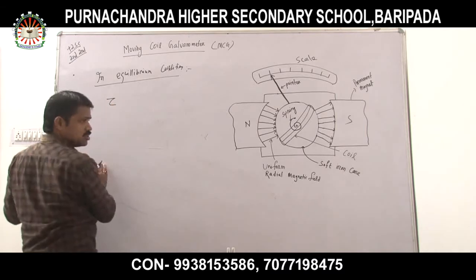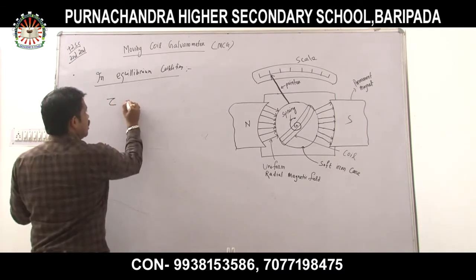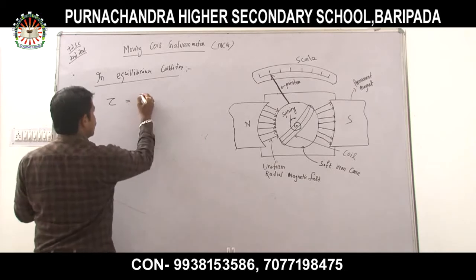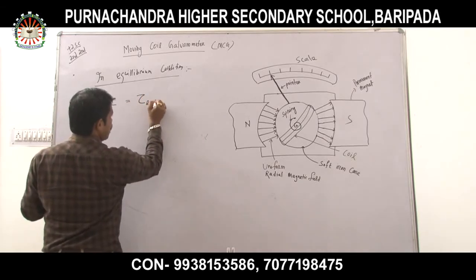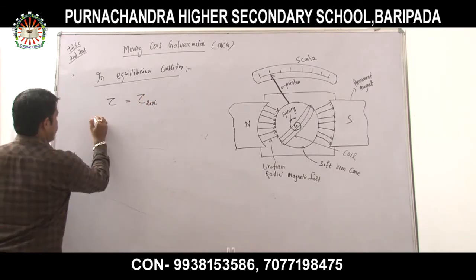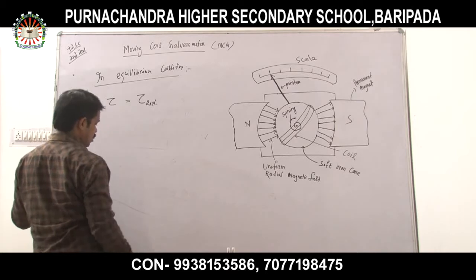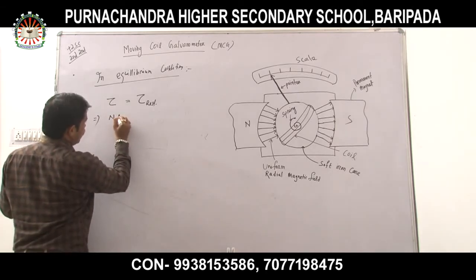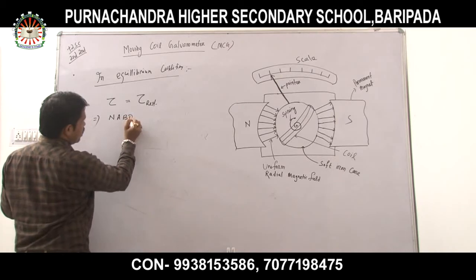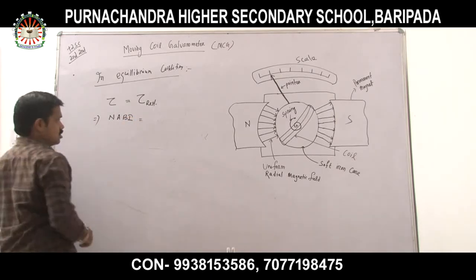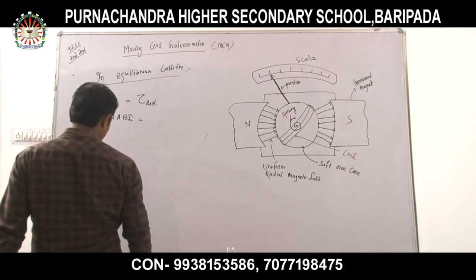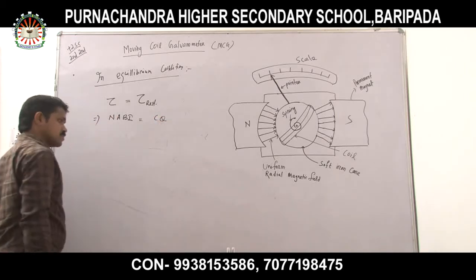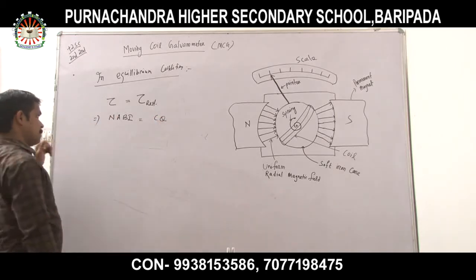Now the torque generated in the coil must be equal to the restoring torque. So that is nothing but your N A B I, and that is equal to C theta, because restoring torque just equals C theta.